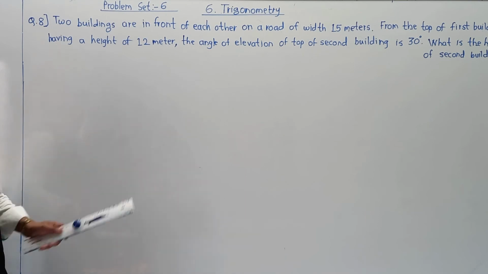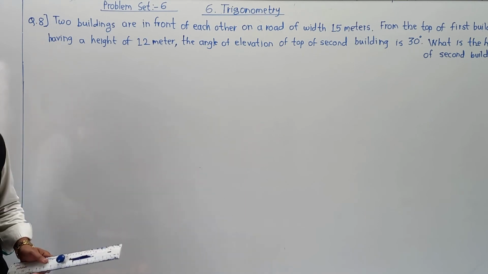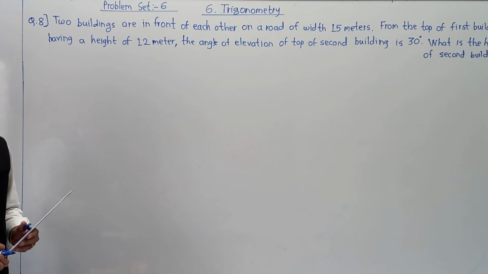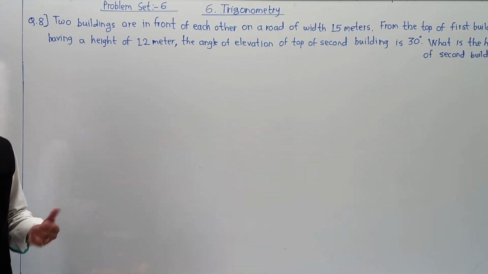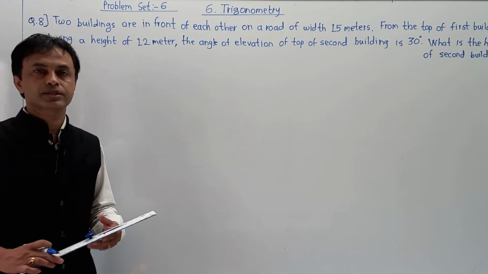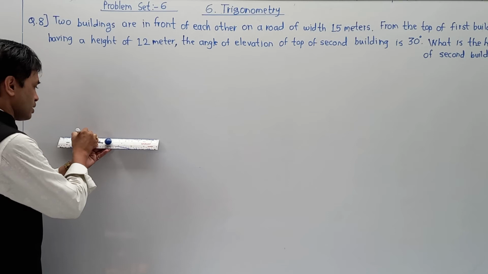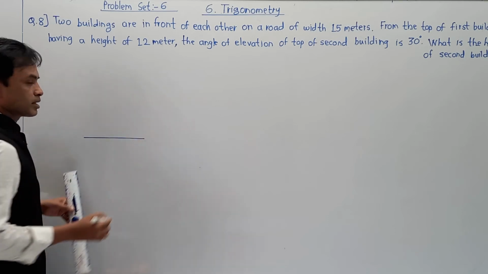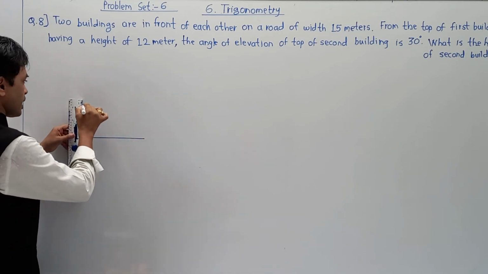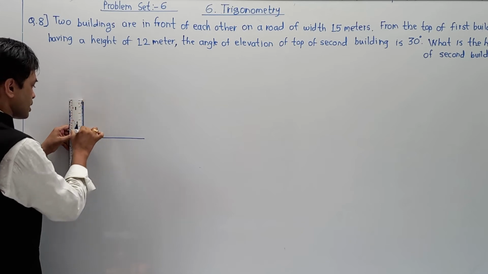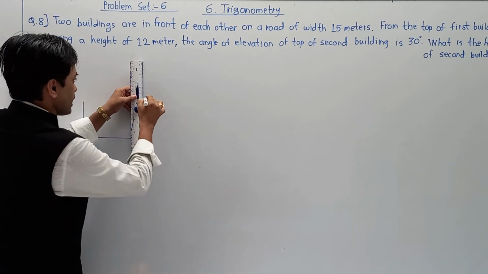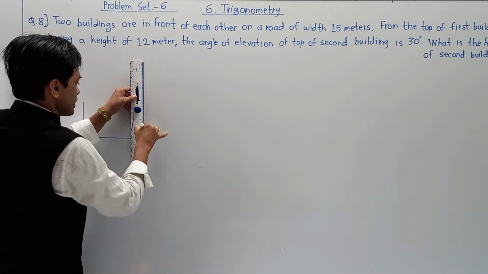Now before we go on to observe, first of all we are going to draw the structure. We know that the first building, where the observer is, has a small height, and the second building has a larger height. So first I am going to draw the width of the road, the height of the first building, and the height of the second building.